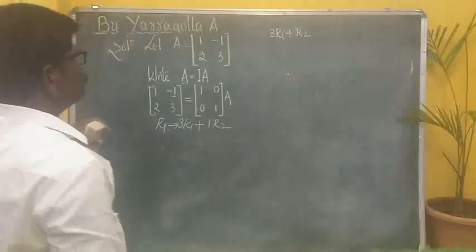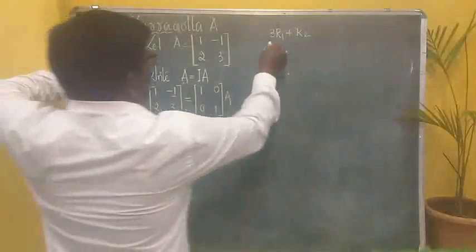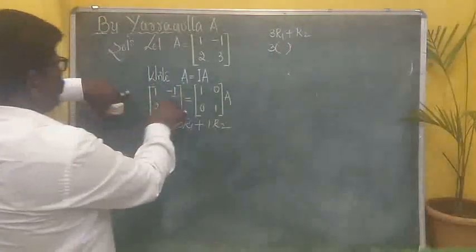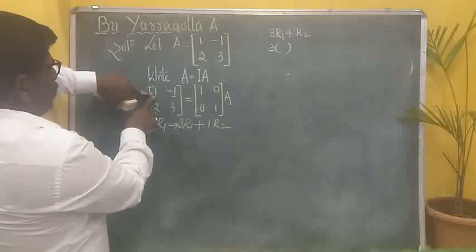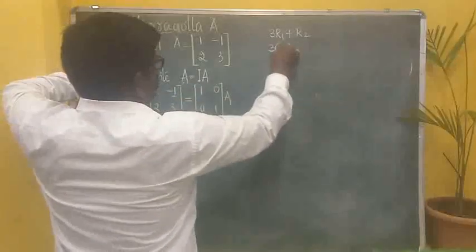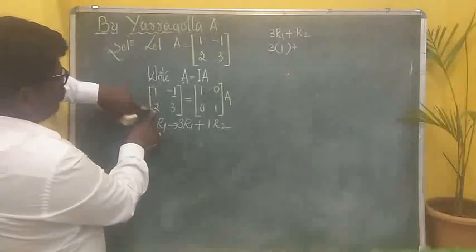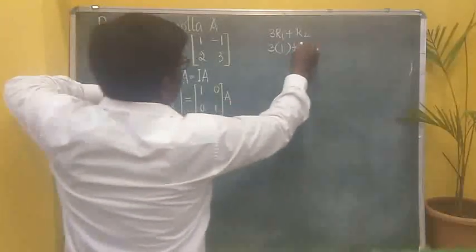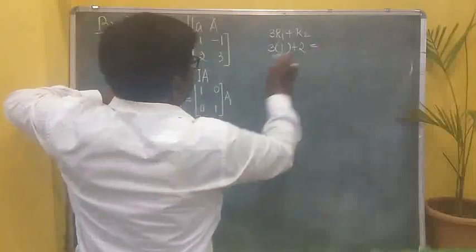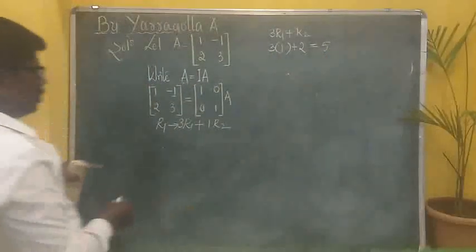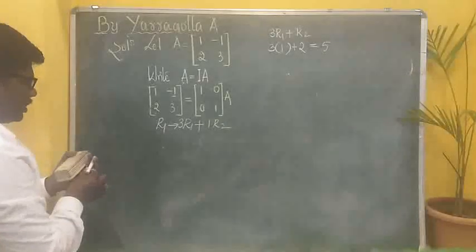Now see here, 3 as it is. In the row 1, I have 1 here, so I will write 1. Plus, corresponding to that in the row 2, I have 2, so I will write 2 here. So 3 into 1 is 3 plus 2, that means 5. So I got 5. So I will write here 5.